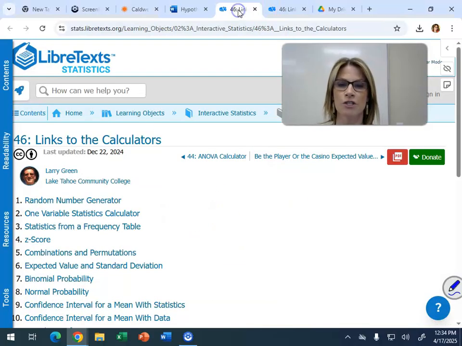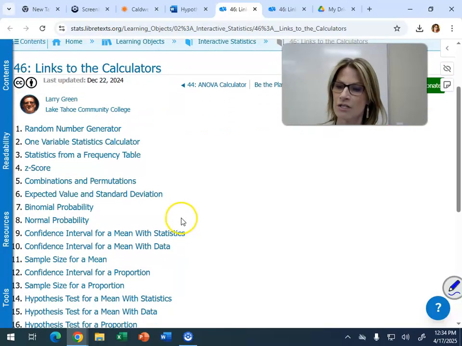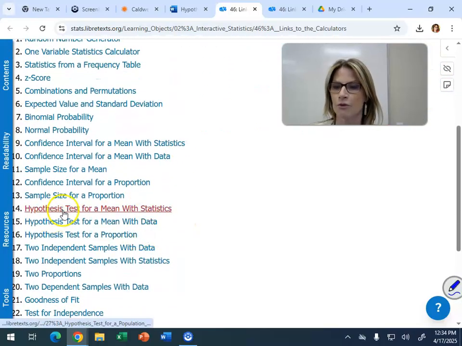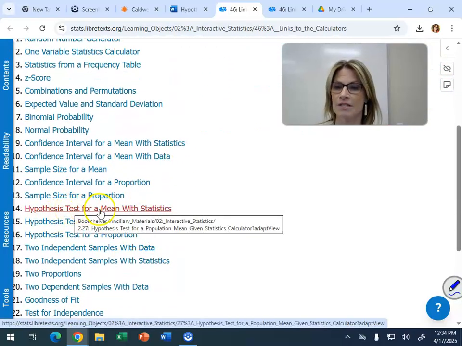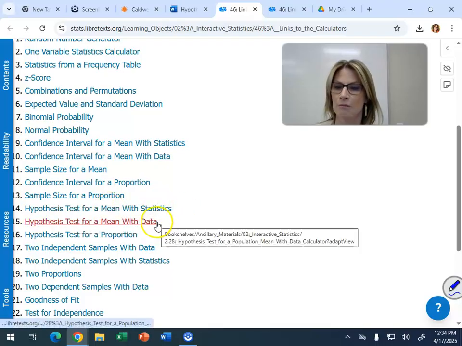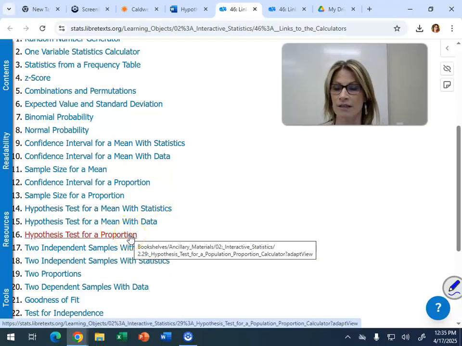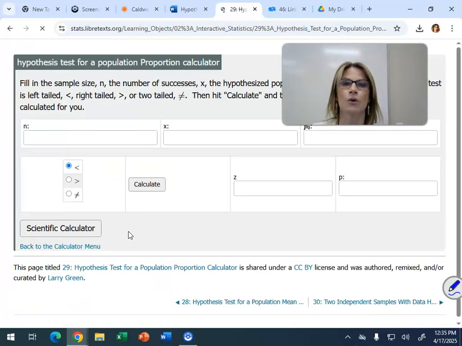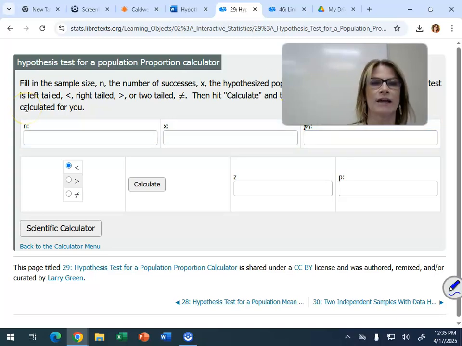Okay, now I'm going to show you how to do this test. If you'll go to the calculator section, we have 3 different hypothesis tests: hypothesis test for a mean with stats, mean with data. Today we're using the hypothesis test for a proportion. It'll ask you for n, x, p naught. That's the proportion that we are testing against.